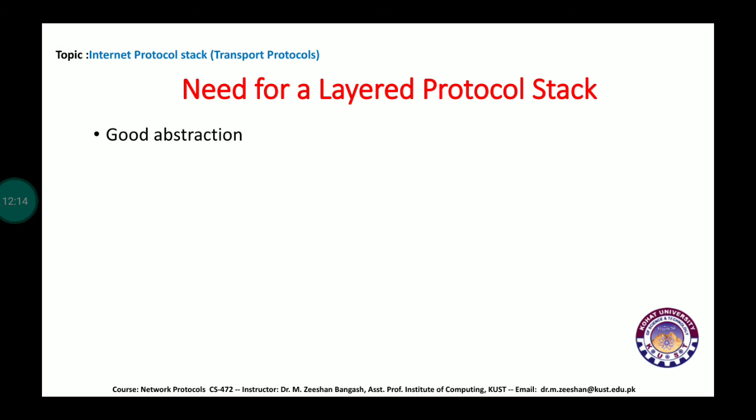So we need layers of protocols, and layering provides good abstraction, because each layer is responsible for its particular role and provides a level of abstraction to another layer. So some of the complication in developing protocols or managing the network can be reduced.